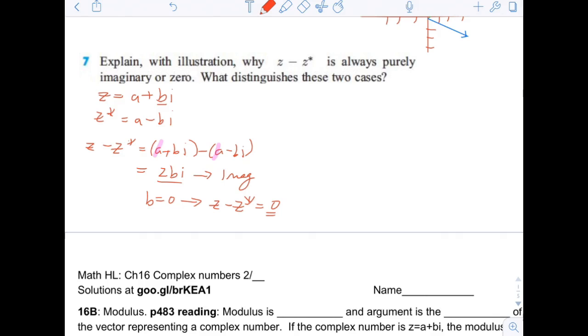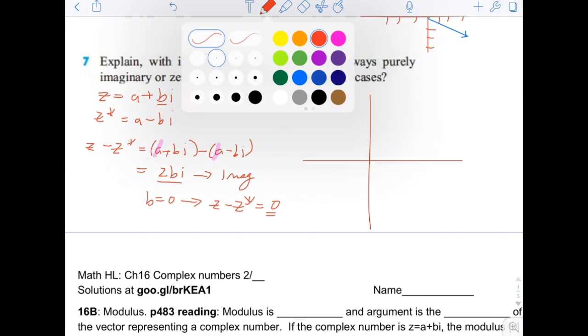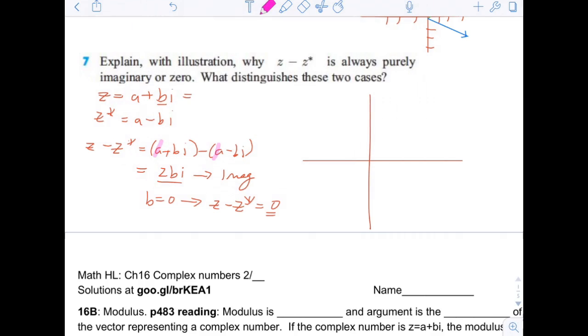Let me draw that with an illustration. We'll say that z is a plus bi, so it's a to the right and b up. Then I'm going to subtract the conjugate. Remember, the conjugate is a reflection that goes down.